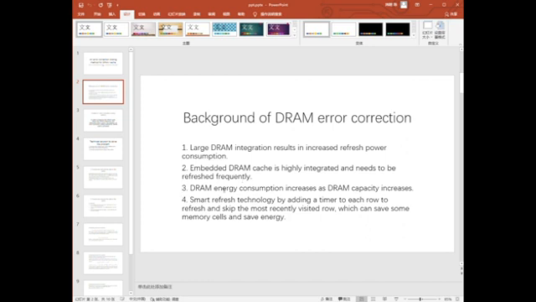DRAM energy consumption increases as the DRAM capacity increases. 4. Smart refresh technology adds a timer to each row, to refresh and skip the most recently visited row, which can save more memory cells and save energy.